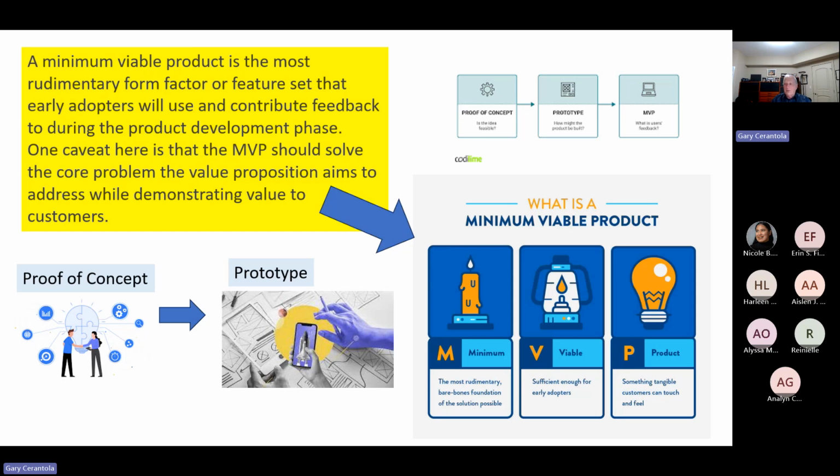And then when you create that prototype, you take a look at the minimum viable product. Normally, the minimum viable product is the bare bones piece. It has just the amount of features and benefits that would attract a buyer, sufficient to attract what we call early adopters, the people that are looking for the next best thing.